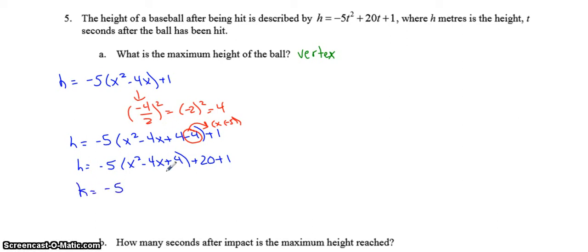Lastly, factor this. What multiplies to +4 adds to -4? Both numbers are -2, so you write it as (x - 2) squared, and 20 plus 1 is 21. This number here is what gives you the maximum height.